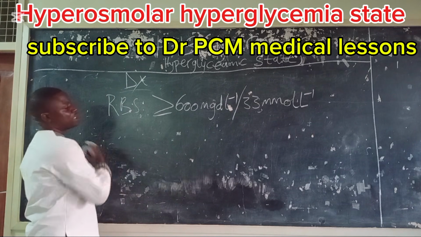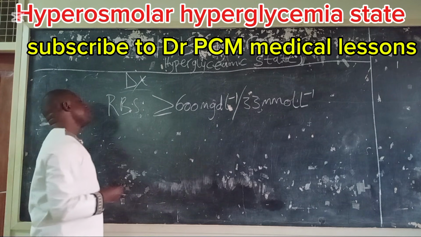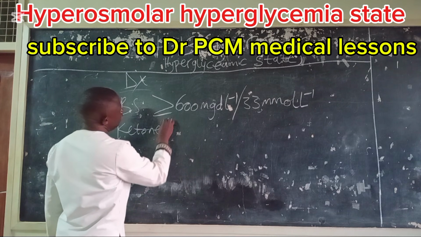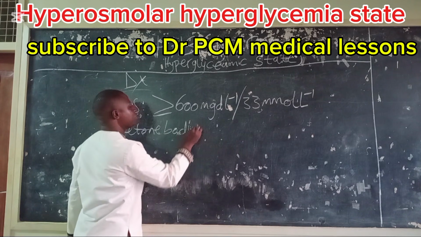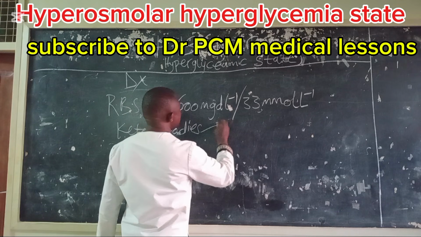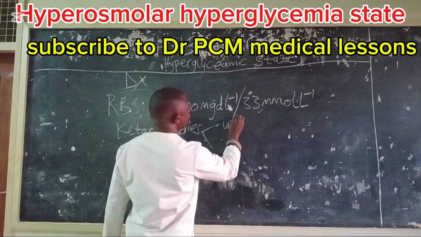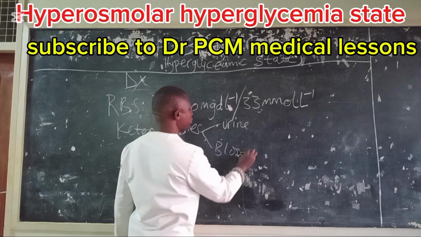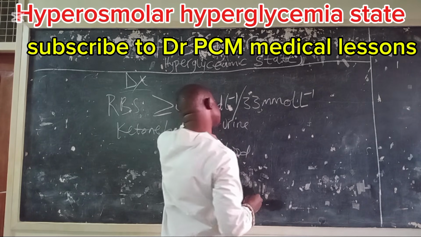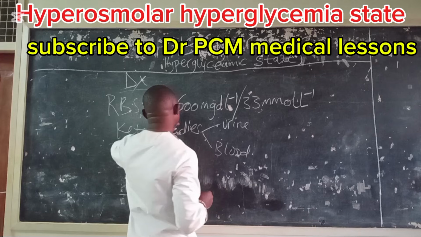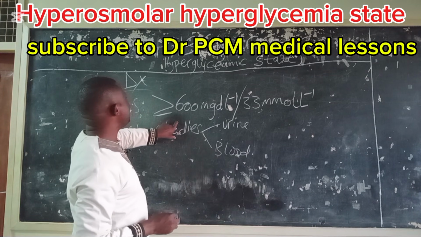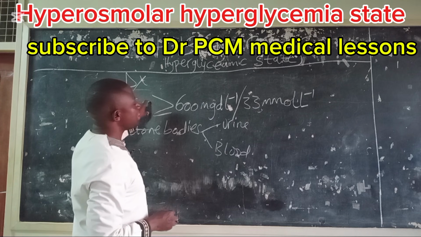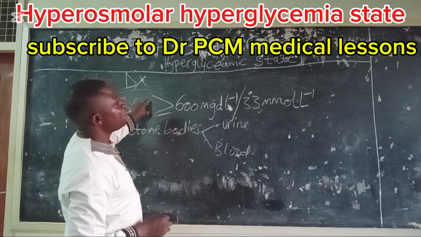After seeing this, you have to check also for ketone bodies, both in urine and blood. Here we are differentiating, because we might think it is HHS, yet it is DKA.